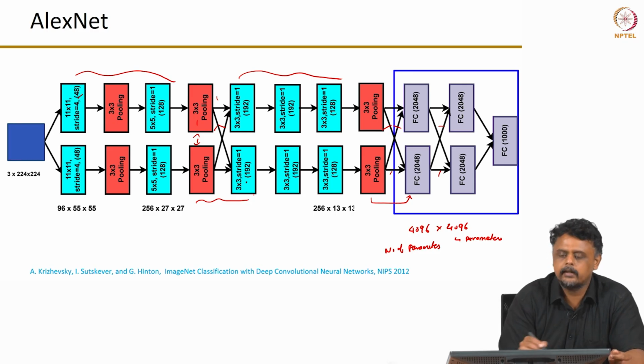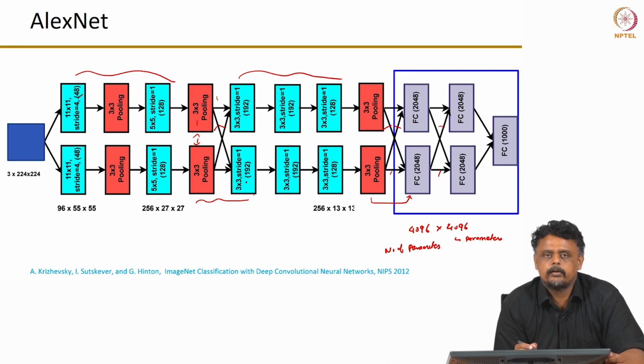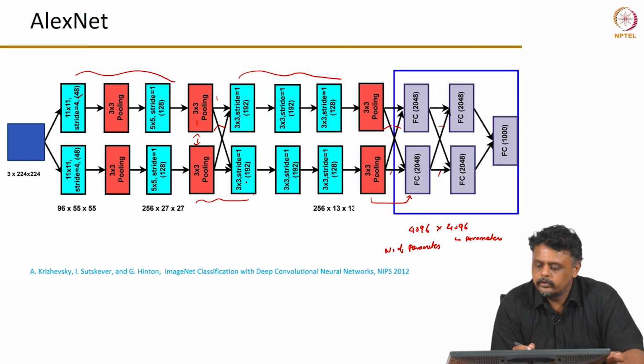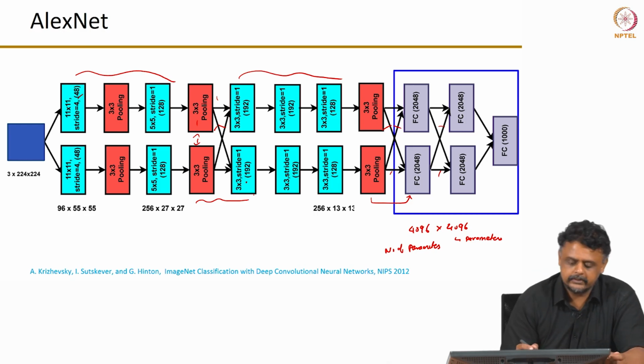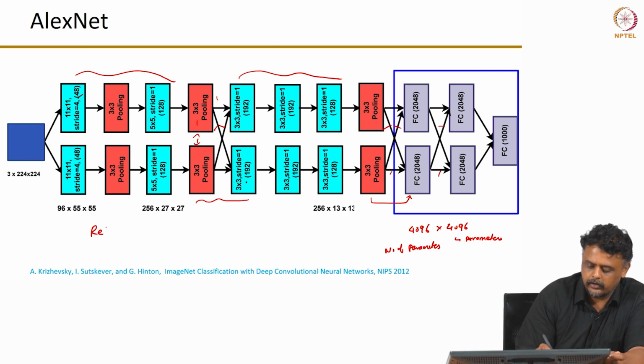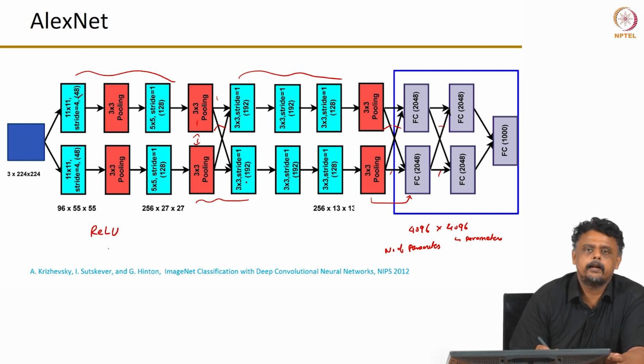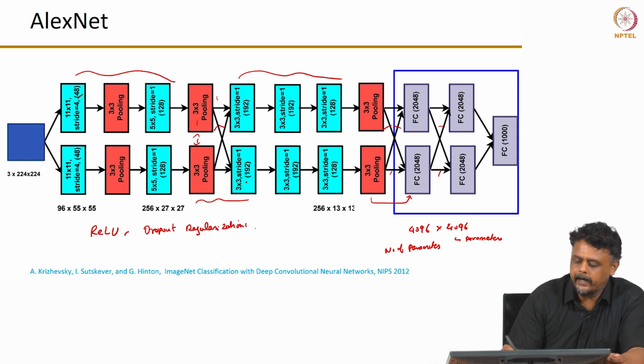This is like having 2 different pathways in the network. Okay. And this is one of the first networks to use ReLU. We saw that in the earlier slide, ReLU non-linearity. It also used dropout regularization, which we saw earlier. It also had data augmentation.